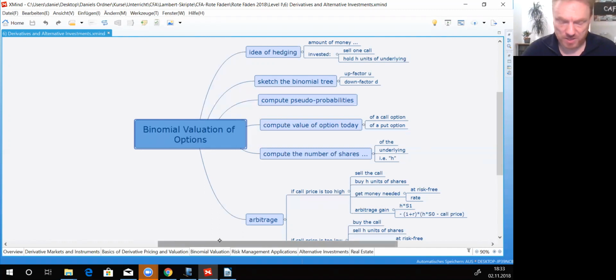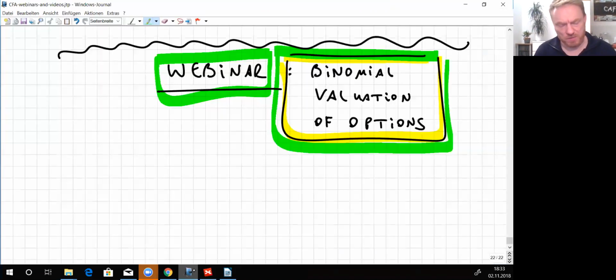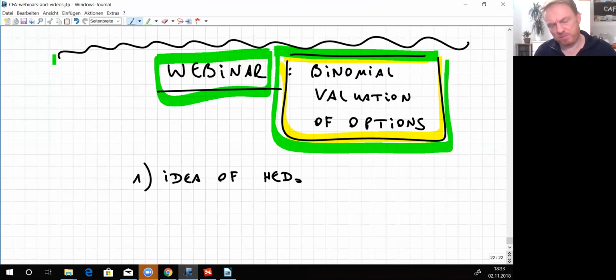Now, if we go back to the Lambert mind map of derivatives, it's first of all the idea of hedging. What is the idea of hedging? The idea of hedging is this.